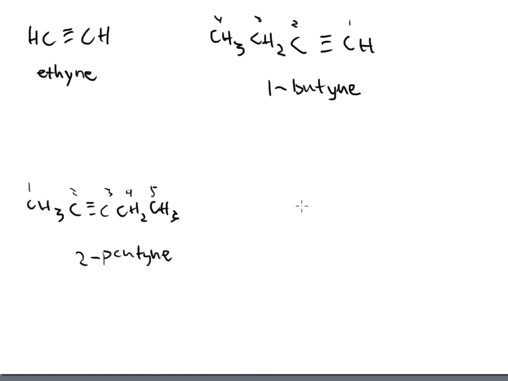We'll do another one. CH3, CH. I'm going to go up. CH2, CH3. Then we'll do another carbon, a triple bond, a carbon, and a CH3. Name it. Okay, not a problem. I do the longest carbon chain. Let me go across. 1, 2, 3, 4, 5.